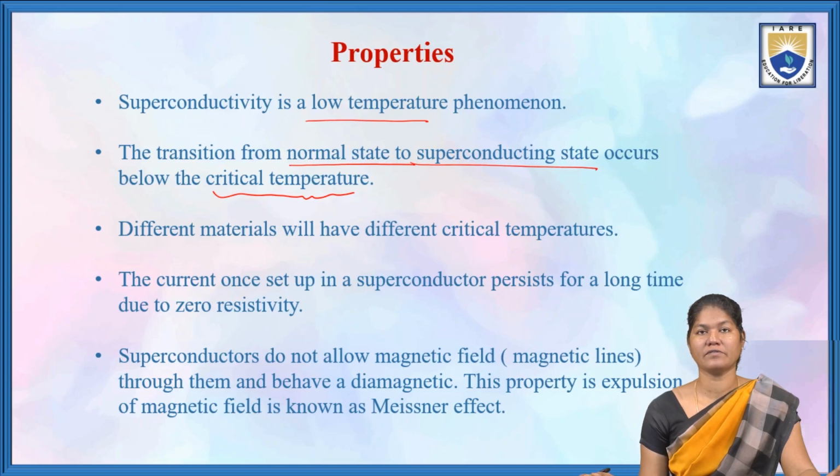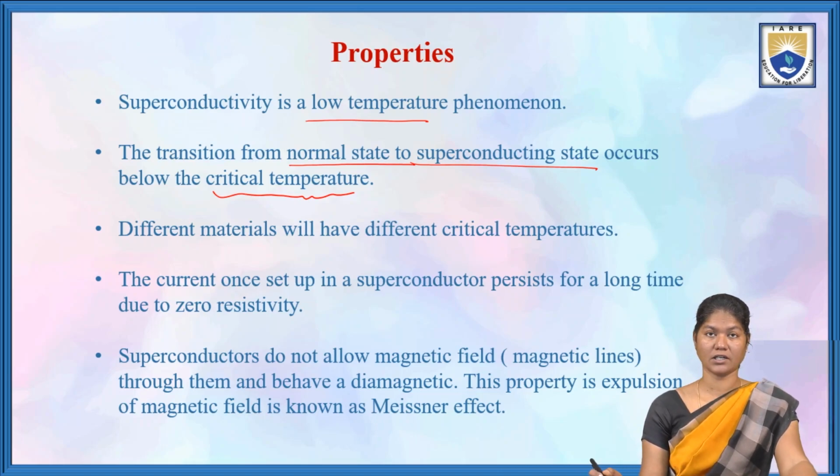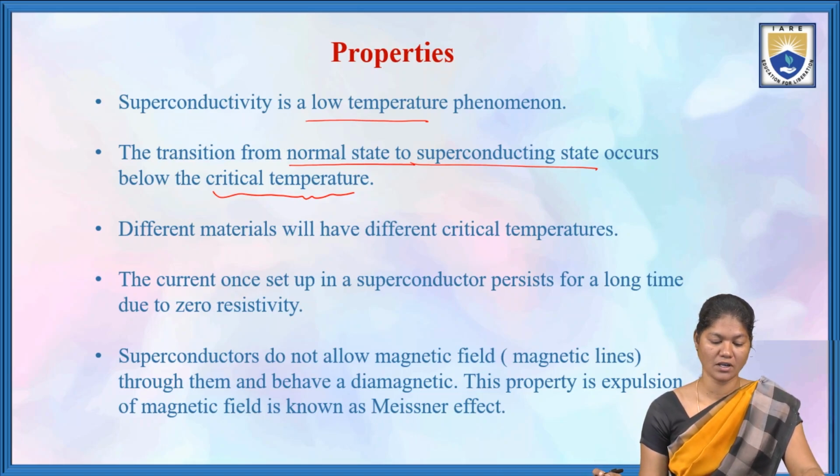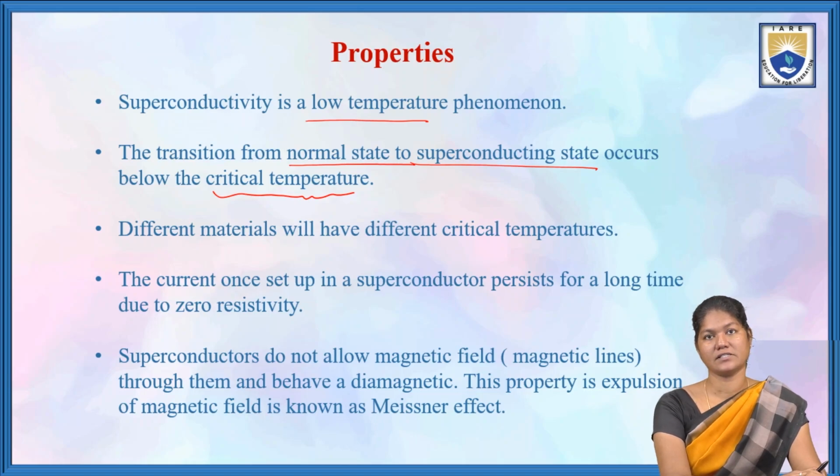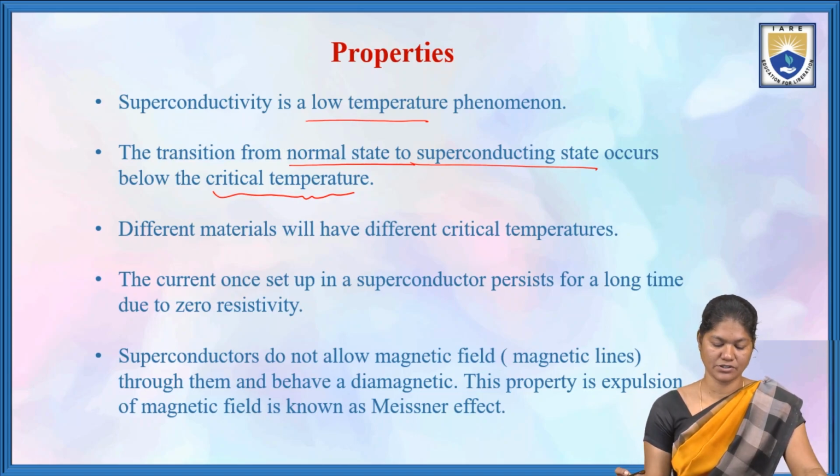When we are taking conductors in the normal conducting state, they can change into a superconductor below the critical temperature. Different materials will have different critical temperatures.